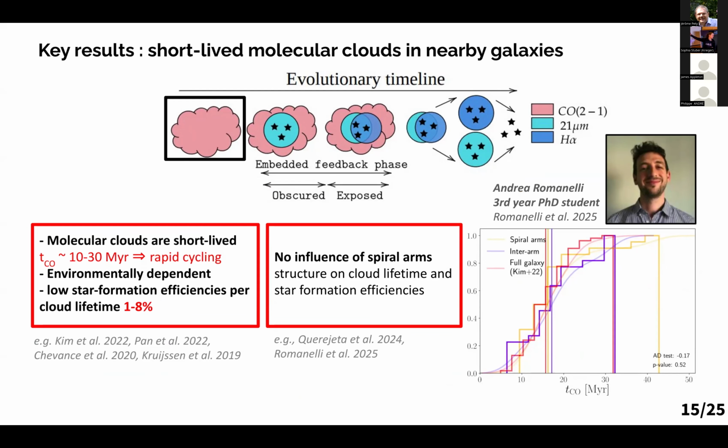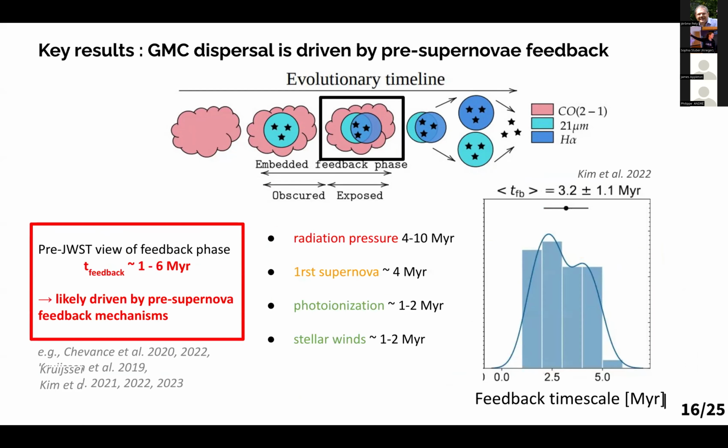We also showed, in the same Kim 2022 paper, that they focused on the feedback phase traced by the overlap of CO and H-alpha. And what they found measuring this timescale, shown here on this little histogram, is that the feedback timescale is of the order of a few megayears only, with a median at 3 megayears.